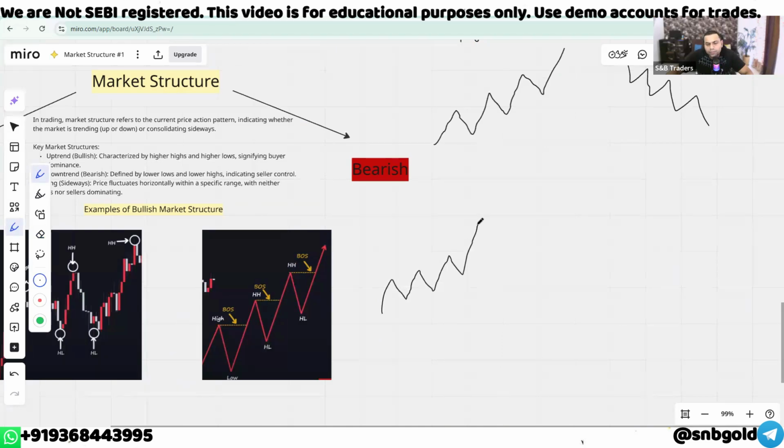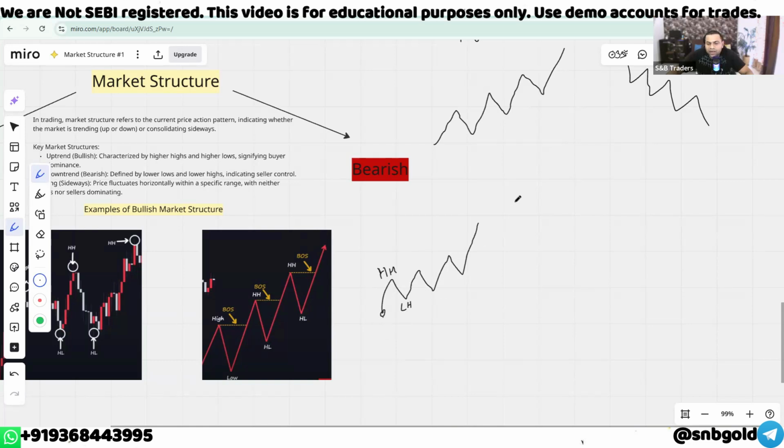So this is what we call a higher high, because this high is higher than this high. This is a high, and then we formed another high, and then after that it formed a lower high. It's still higher than this high but lower than the current high.